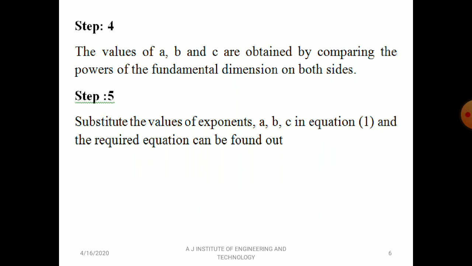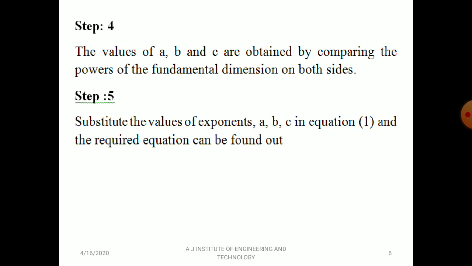Next, let's go for step 4. The values of a, b and c are obtained by comparing the powers of fundamental dimensions on both sides. First, we have to know what a fundamental dimension is. As I already discussed in the previous video, there are 3 fundamental quantities or dimensions: M for mass, L for length and T for time.